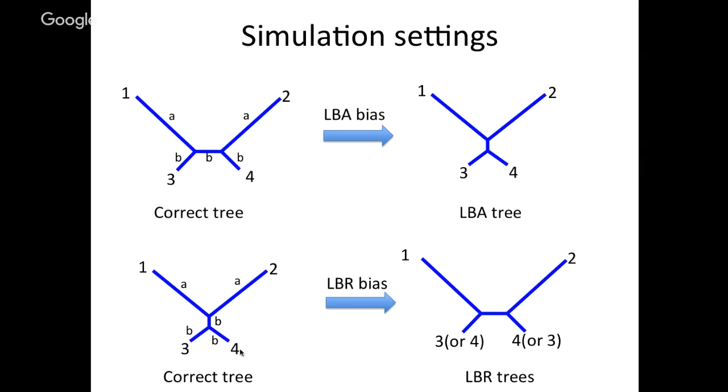We're also going to look at a case where the correct tree has the long branches together, and sometimes models will actually push the long branches apart and estimate a long branch repulsion tree. In this case, there are 2 different alternative long branch repulsion trees for a given correct tree. So we're going to evaluate these new methods in light of these 2 shapes of trees to see how they perform.